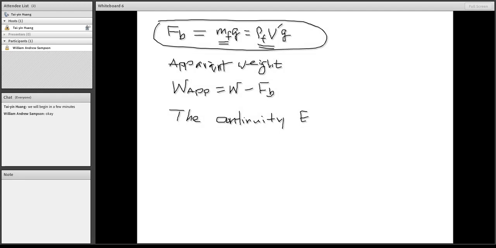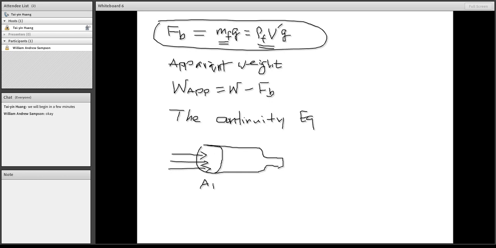Okay, so let's say we have a scenario like this. You have a channel, and the channel has a different cross-section area. Let's say on the right-hand side, it becomes smaller. You have fluid that's flowing from the left, and this cross-section has the area A1, and the fluid is moving at a velocity v1.